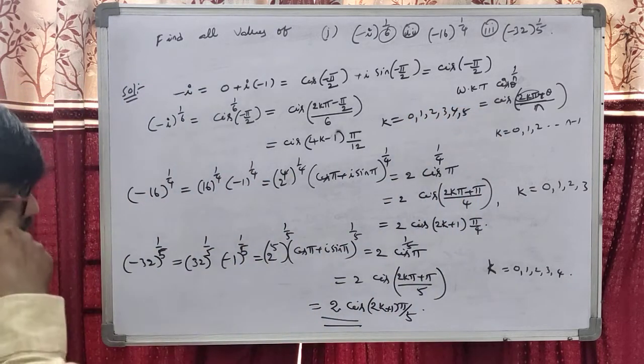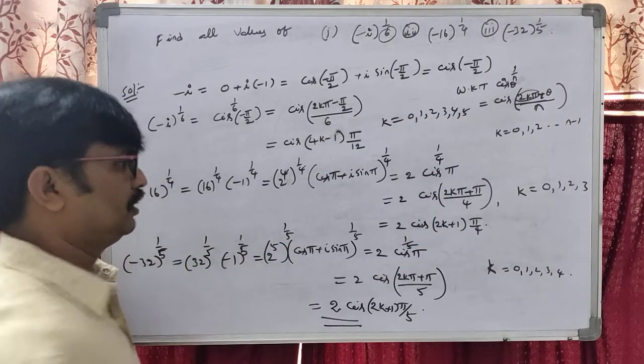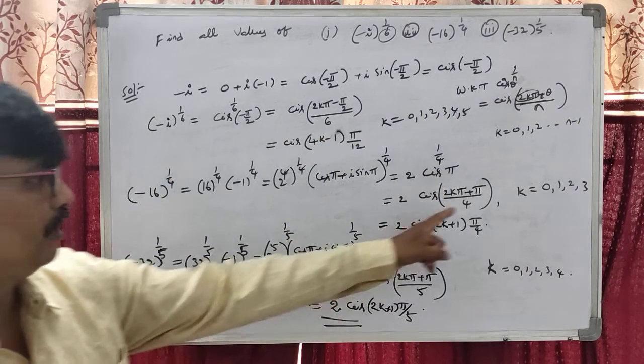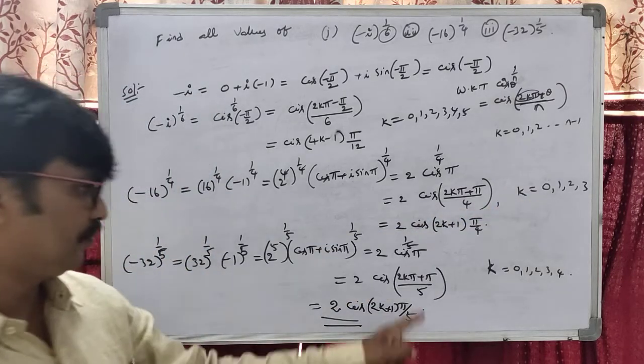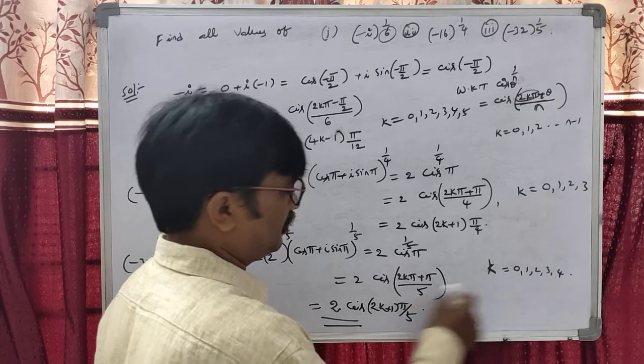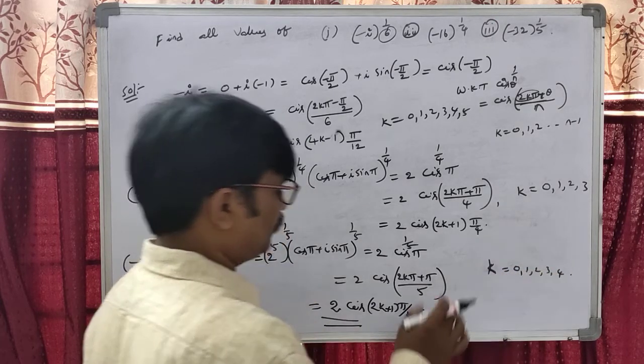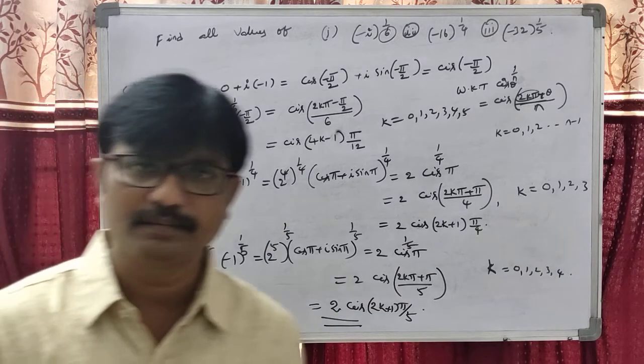Okay students, when 6 is there, up to 0, 1, 2, 3, 4, 5, the number of values is 6. Suppose here 4 is there, up to 3; here 5 is there, up to 4. So 5 values are there. Substituting k as 0, 1, 2, 3, 4, we get 5 values. Okay students.